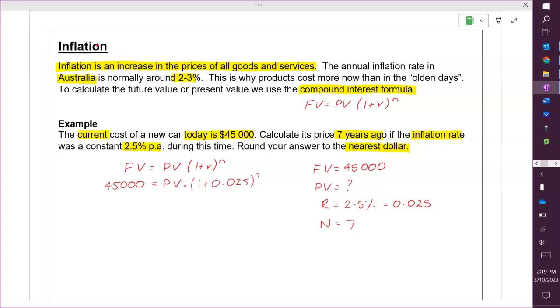Now, like what we did when we had to solve one like this before, when we had to find the rate, we need to get rid of everything here to leave just our PV, or our present value. So we're going to divide by all of the things in that bracket as well as that power. So divide by 1 plus 0.025 to the power of 7. That will give us our present value.